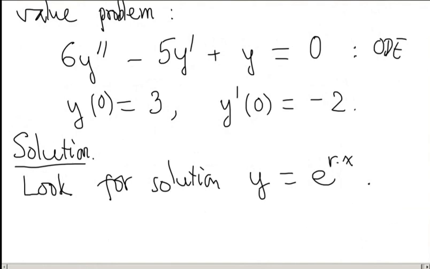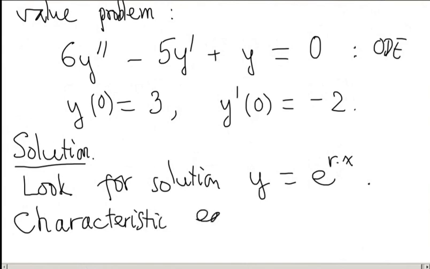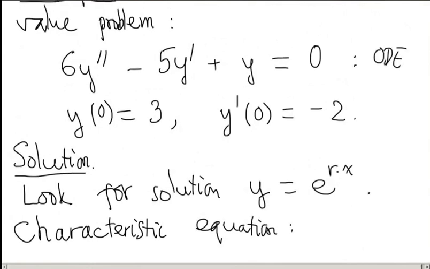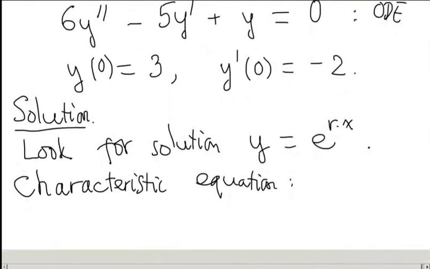But I'm not going to take derivatives. I just write out the characteristic equation right away. That is 6r squared minus 5r plus 1 equals 0.